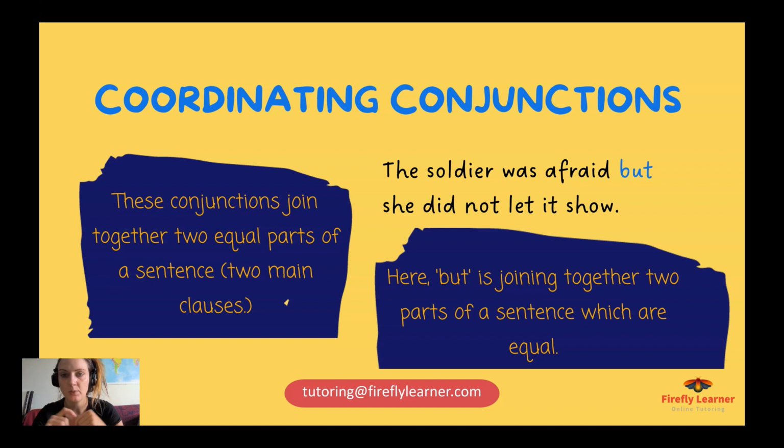It must go in the middle between the two main clauses. So here, one of our main clauses is the soldier was afraid. Our second main clause, she did not let it show. They are both equal. They're both main clauses. So we can use the conjunction but to join them, and but has to go in the middle between the two parts.